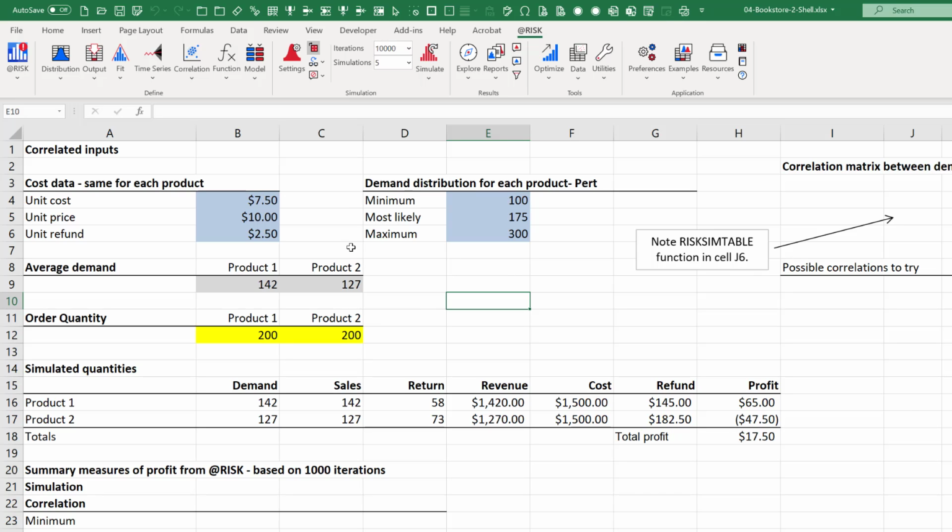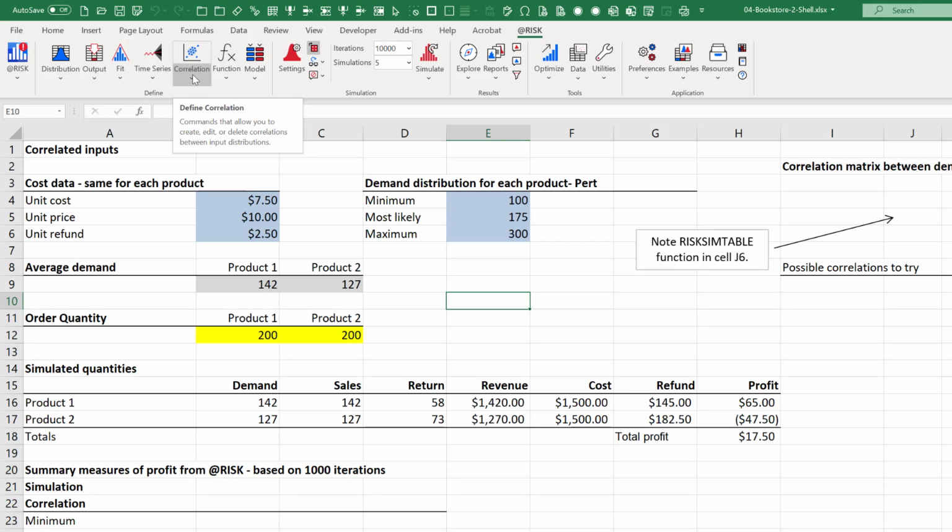And we can set up a 2 by 2 matrix and then say, all right, the correlation is going to be, we'll assume that it's going to be this or this or this or that. So we can try different values of correlation and then see if they are very highly correlated, what will be the profit. If it is not very highly correlated, if it is positively correlated, negatively correlated, and so on.